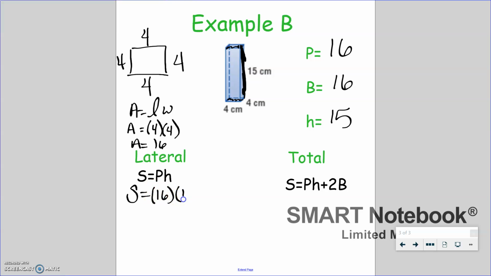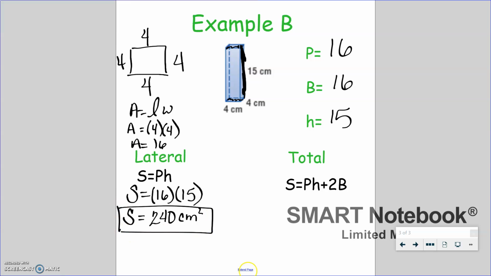We're going to do 16 times 15. And you can just put it in the calculator exactly how you see it. And that gives us 240. So our lateral surface area is 240 centimeters squared.